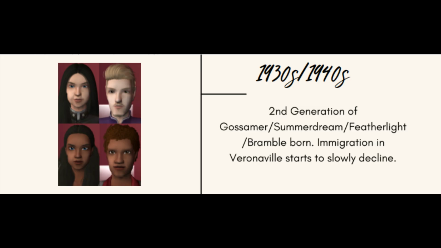Now we are moving on to the second generation of the Gossamer, Summergene, Featherlight, and Bramble family being born. So these are the ones who are the first generation born in their families.